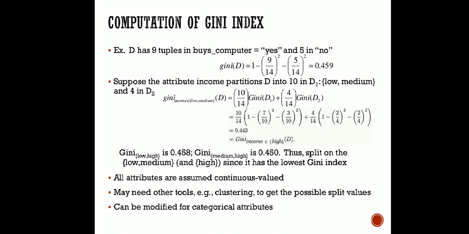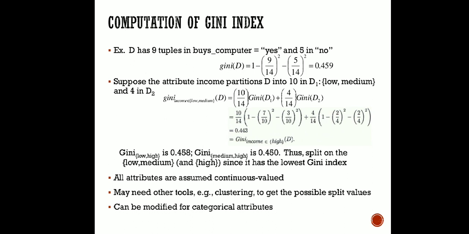If you remember that data set, there are 6 persons with medium income and 4 persons with low income, so 6 plus 4 is 10, and high income is 4. That's why for the low medium group it is 10 by 14 multiplied by Gini of D1, and the rest is for the high.